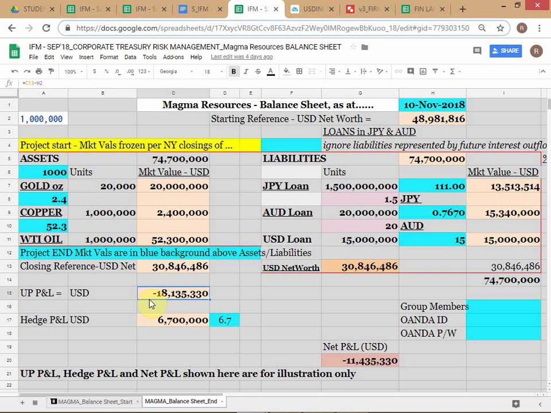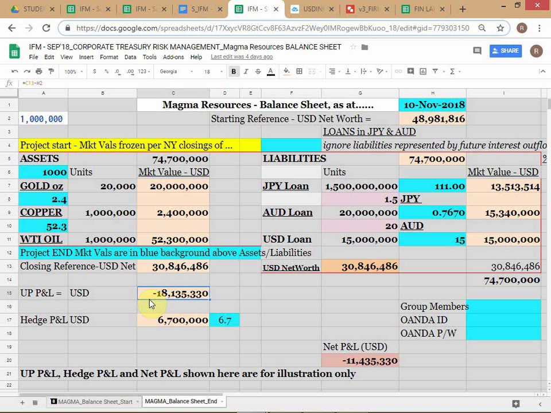C13 is the closing net worth, 30.8, and H2 is the starting reference net worth. So that 18 loss which is being shown is the difference in the two net worths. The net worth has fallen, so you are showing a loss of that much. Is this point clear to everybody?